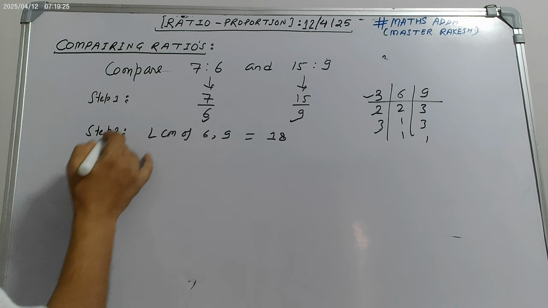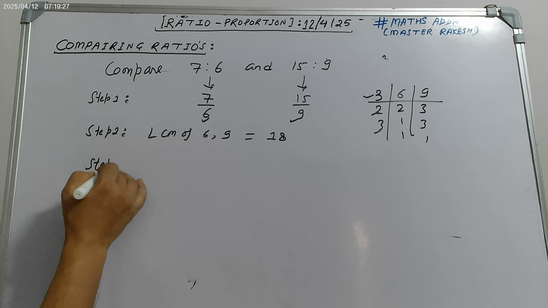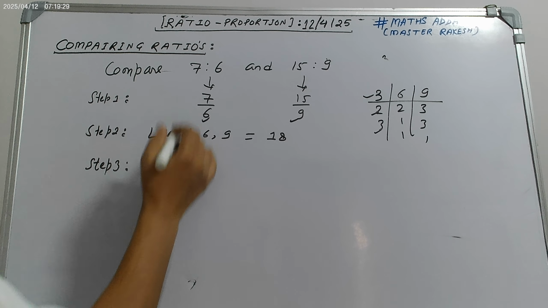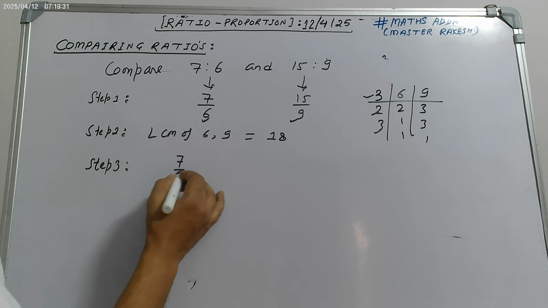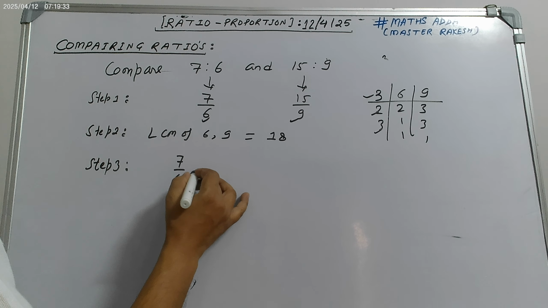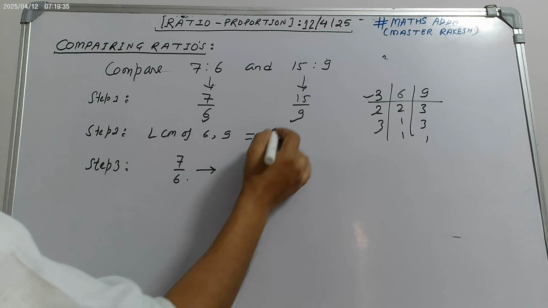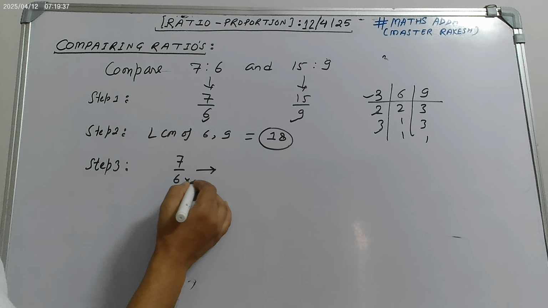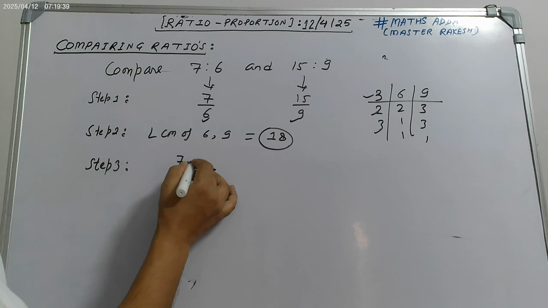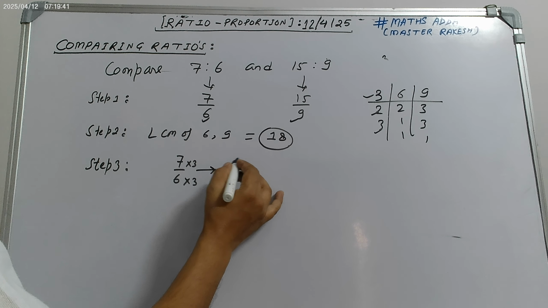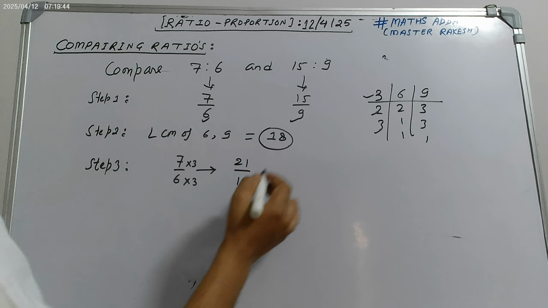Now step 3, you have to make them into like fractions. 7/6 को 18 बनाना है, तो 3 से multiply. 7 3s are 21, 6 3s are 18.